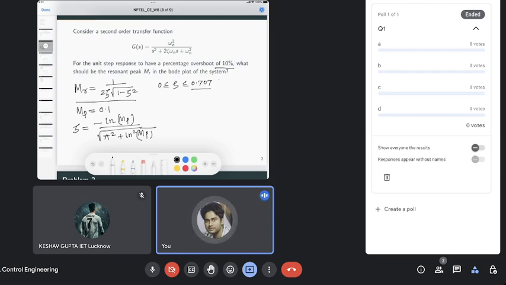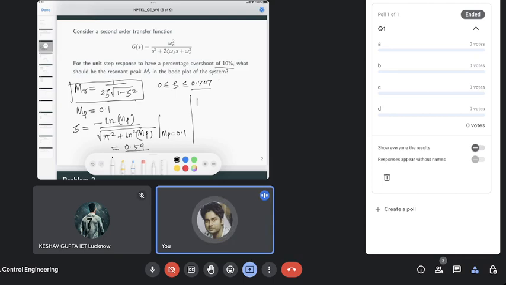You just substitute 0.1 for MP, so ln 0.1 over the square root of pi square plus ln 0.1 squared, and zeta comes out to 0.59. Then you substitute this value in the resonant peak formula and you will get the answer.